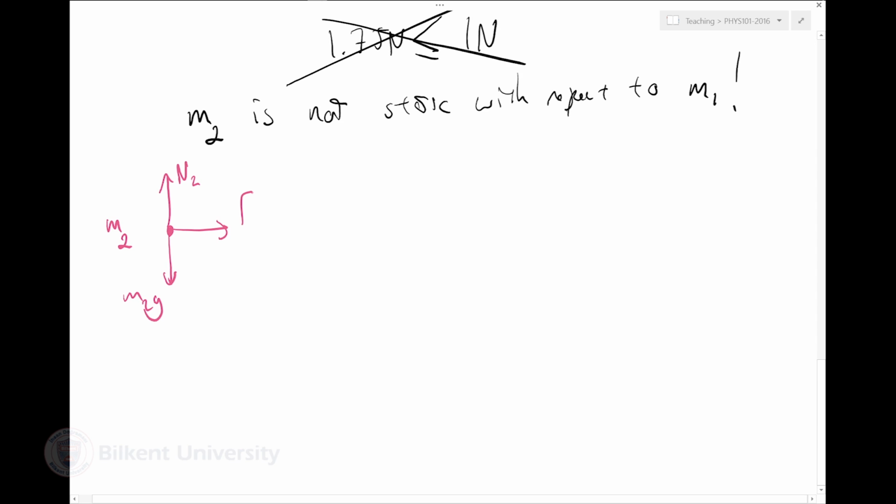Now F friction 2 is just kinetic friction. Do I know the value of the friction force when it's kinetic friction? Yes, I do. It's going to be mu1 times M2G, so 0.1 times M2G, which is going to be 1 Newton.